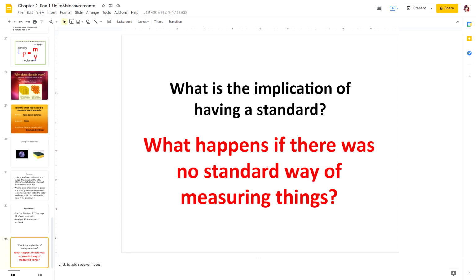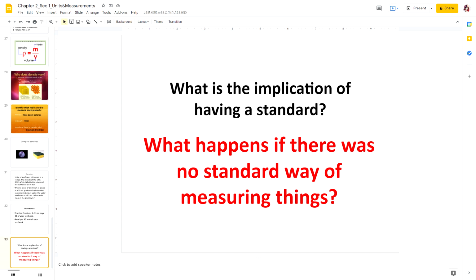And it is going to be a venue for people to fight. Because some would say no, this is my standard of a kilogram or a meter, and the other would say no, I think my standard is correct, not yours. So it's going to be a venue for fighting.